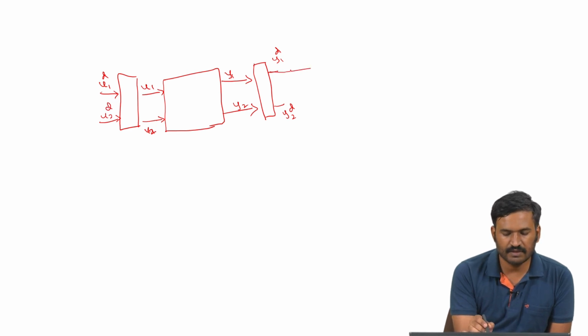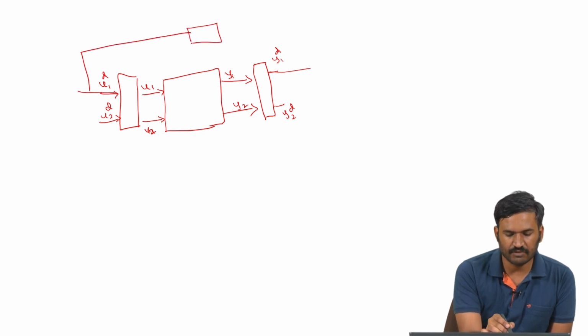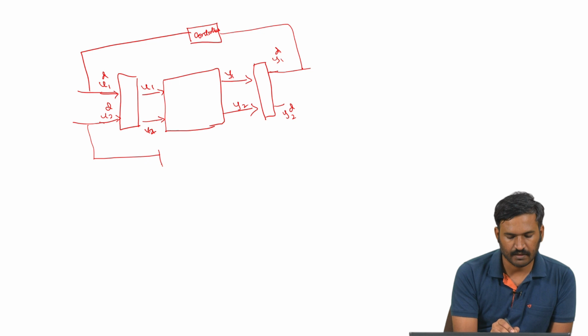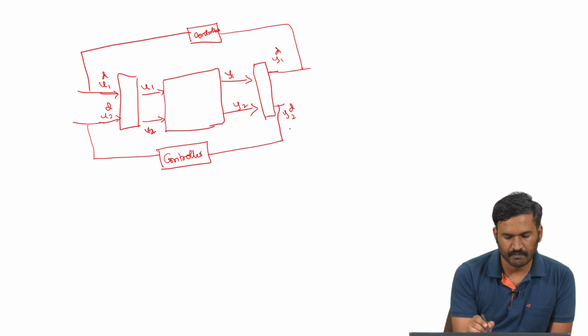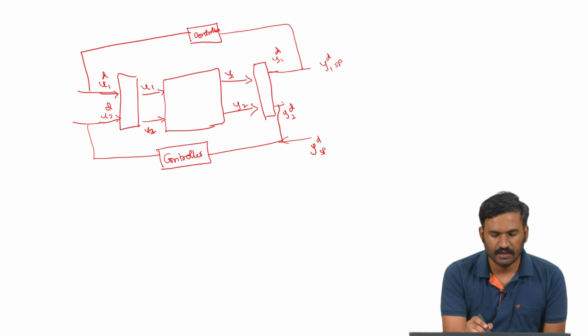So, now this outer loop can be thought of as a SISO controller if we were to put a controller here. Y1d set point and Y2d set point are the set points we choose the system to reach.